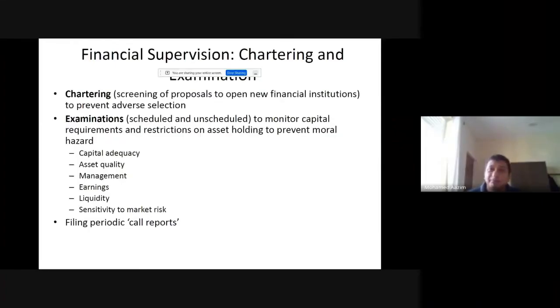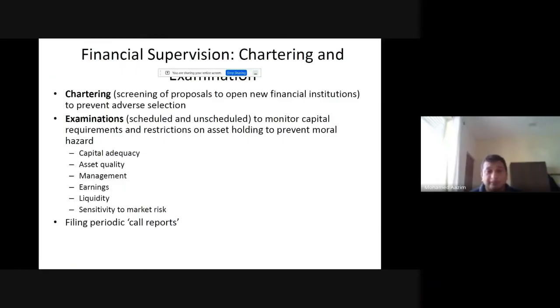Okay, and they also immediately compute the capital requirements and restrictions on assets to prevent moral hazard, because in the financial markets, asset prices change very frequently. Today's price is not the same as yesterday's. Even exchange rates and interest rates change very frequently.